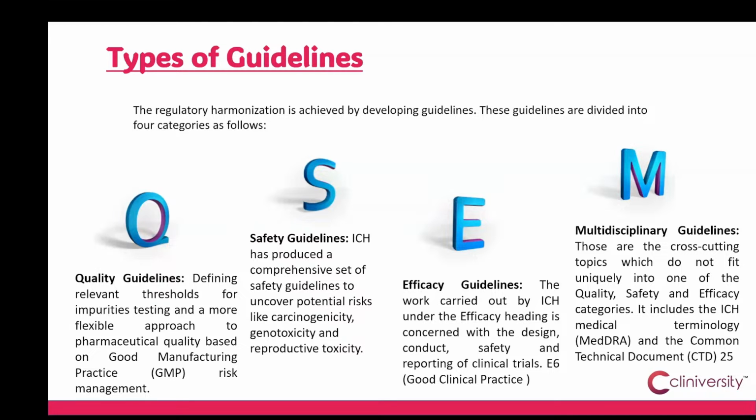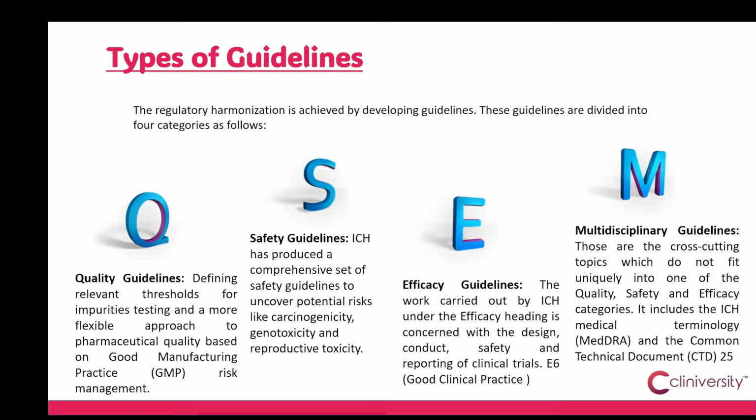So there are different types of guidelines under ICH, International Council for Harmonization. Regulatory harmonization is achieved by developing guidelines, and these guidelines are divided into 4 categories. The first one is quality guidelines, the second is safety guidelines, then efficacy guidelines, and multidisciplinary guidelines.